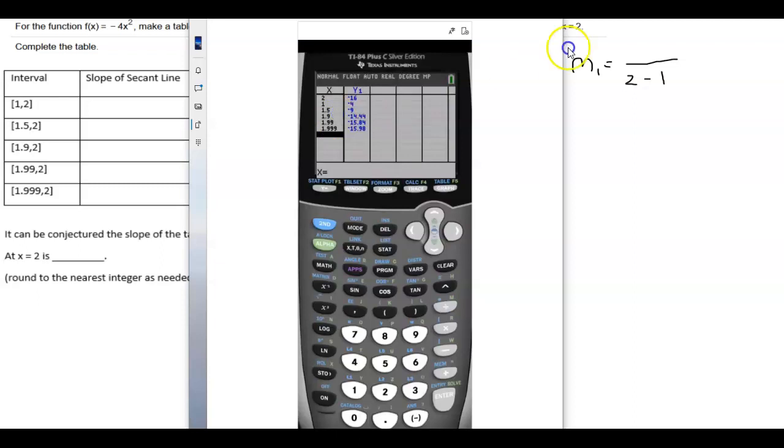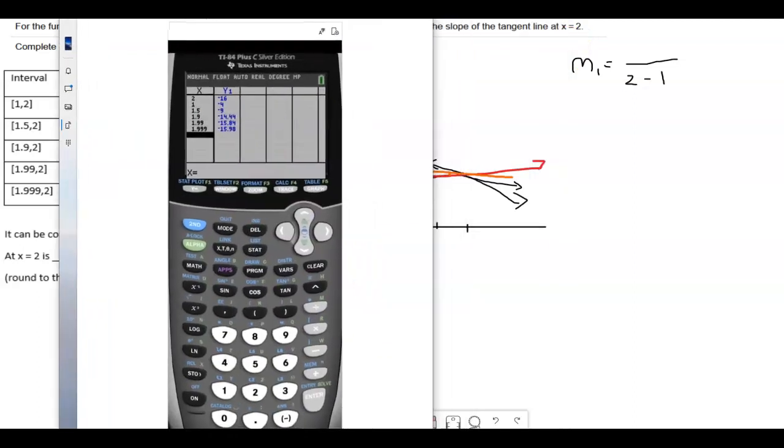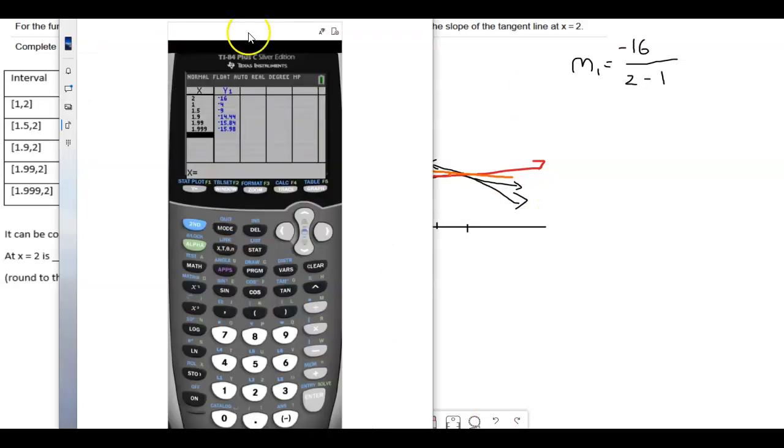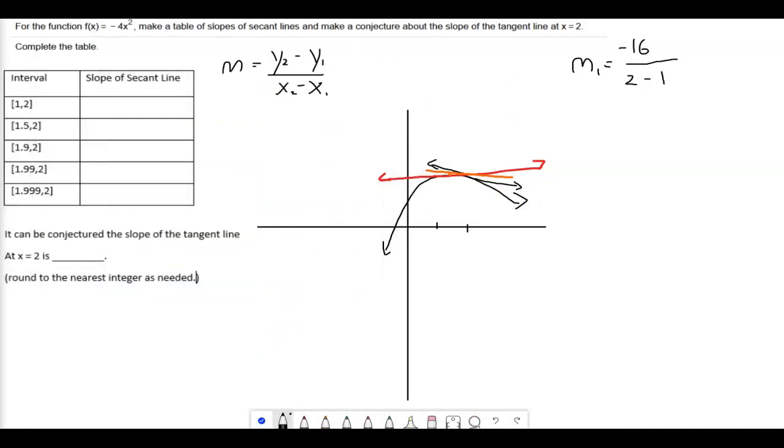Let's go ahead and do these. For this first one, 2 corresponds to negative 16, and I'm going to keep that calculator on my other screen so I can see it.